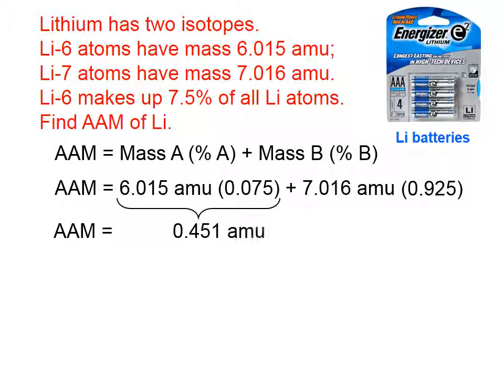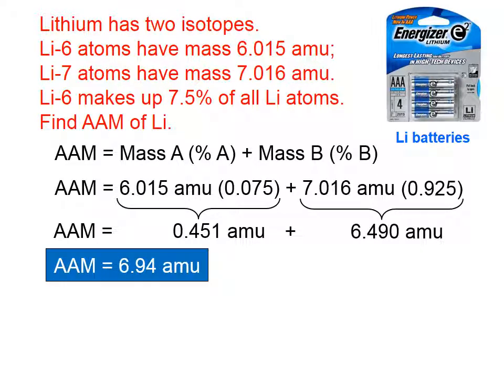So now it's simply a matter of typing this correctly into your calculator and finding the answer. We're going to multiply these 2 terms, multiply those 2 terms, then add those, and this is the answer we get, 6.94 AMUs. Now, there are 0 atoms in the universe of lithium that have this mass, 6.94 AMUs.